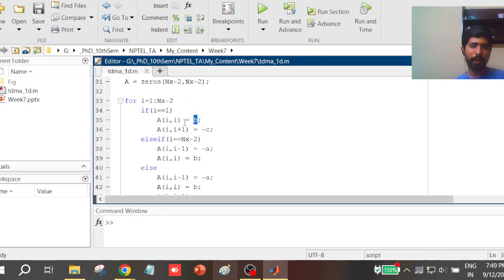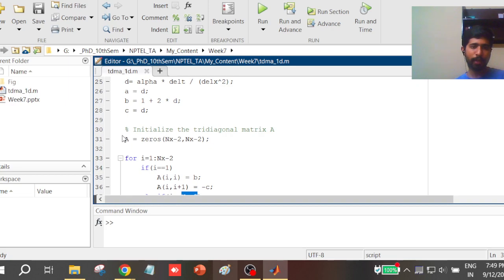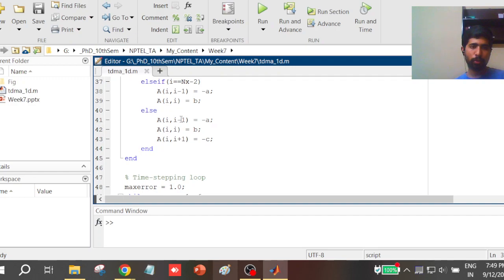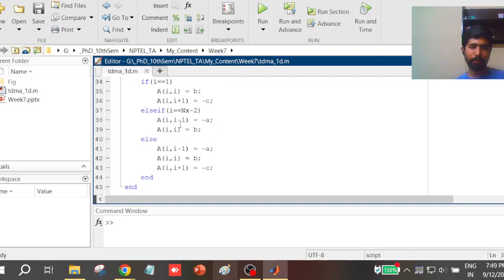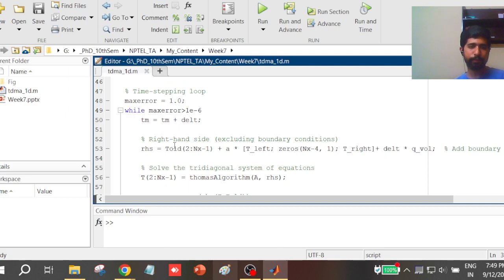Only A of I, I and A of I, I plus 1 I define, that is B and minus C. And when I come to nx minus 2, and I have defined here that A's size is nx minus 2 by nx minus 2, I cannot go to nx minus 1, so I cannot put I plus 1. Only I minus 1, and I define it as A and B. I plus 1 I cannot do, I will put it at RHS.